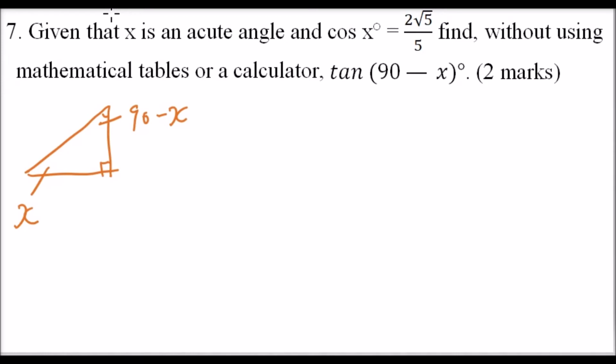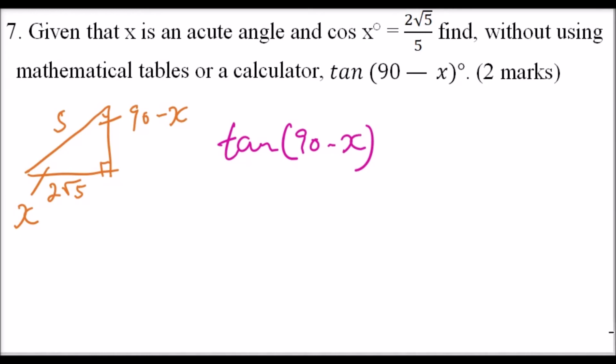And if cos x is equal to 2 root 5 over 5, then normally we say cos x is equal to adjacent over hypotenuse. So it means our adjacent is 2 root 5 and our hypotenuse is 5. And therefore, we can get the tangent of 90 minus x, which is this angle, which we normally say is equal to opposite over adjacent.